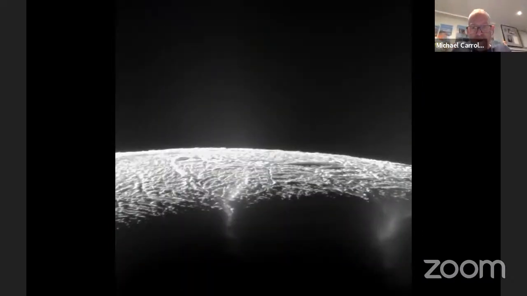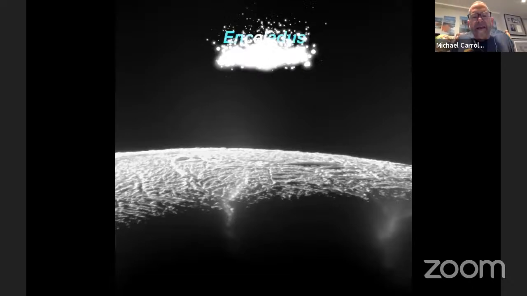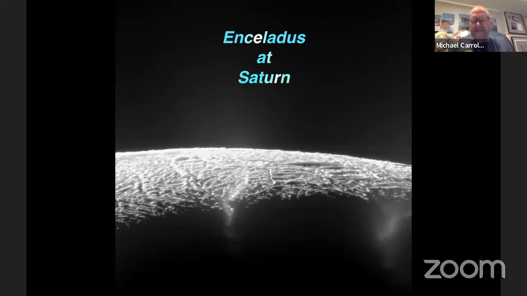Now, you go to Enceladus at Saturn, and it's a very different case. Remember that Enceladus is responsible for the E-ring. It's squirting out all this water vapor. And what that does is it makes the surface beautifully snowy white.